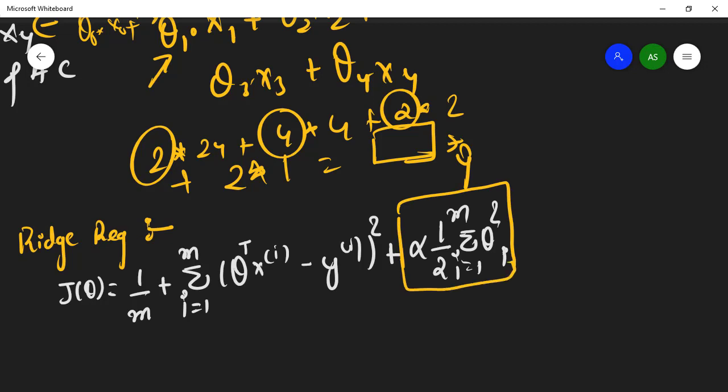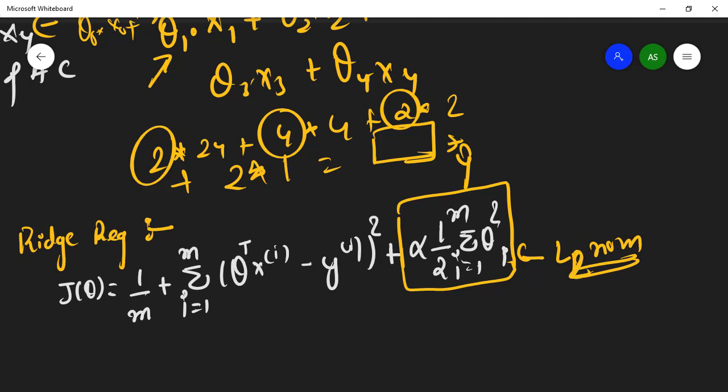So what does this do? It simply takes the features which are less important and makes their parameter weights closer and closer to 0. What do I mean by this? For example, using this equation, this is the L2 norm.